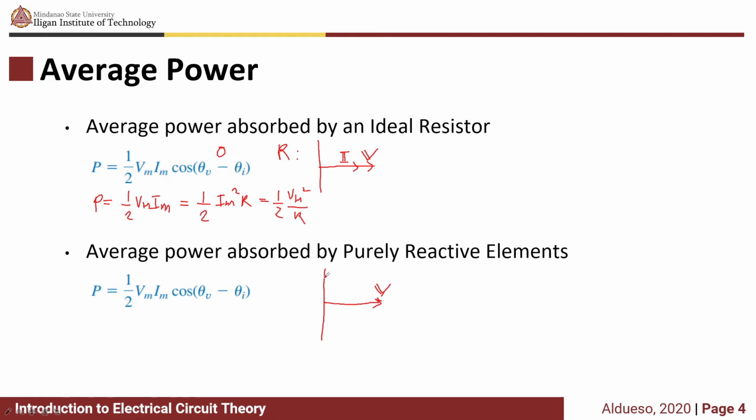For a purely capacitive element, we have this i, or positive 90. For a purely inductive element, we have this i, or negative 90. Now cosine of positive or negative 90 is equivalent to 0. So the average power absorbed by a purely reactive element is 0.